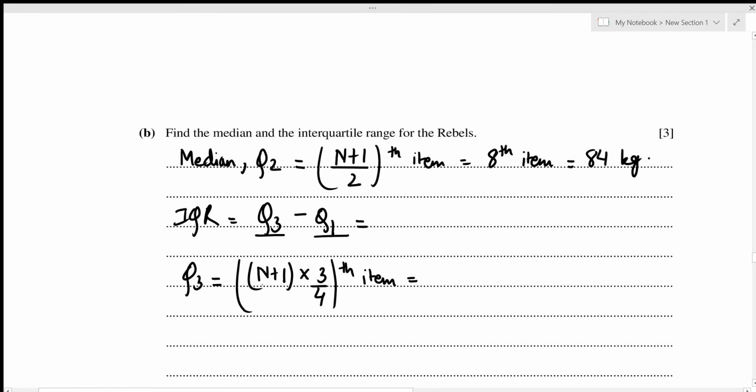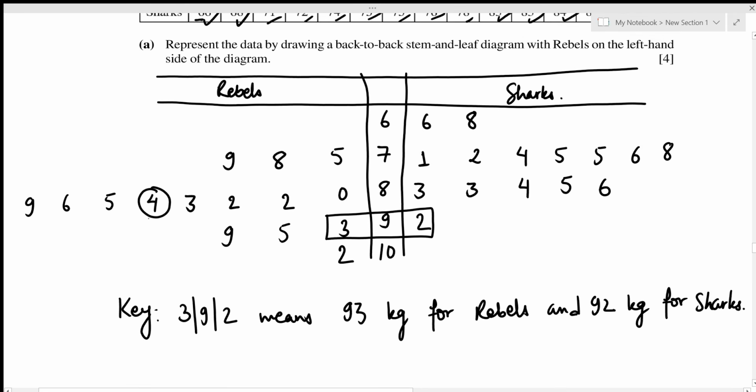We know n is 15, 15 plus 1 is 16, and 16 into 3 by 4 is 12. So we're looking for the 12th item. We already determined this is the 8th item, which means this is the 9th, 10th, 11th, and this is the 12th item. So this gives us the upper quartile as 93 kg.